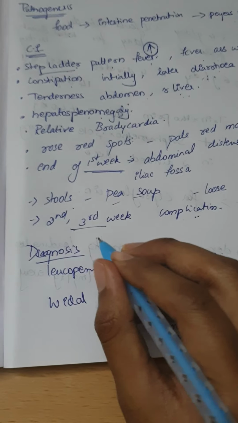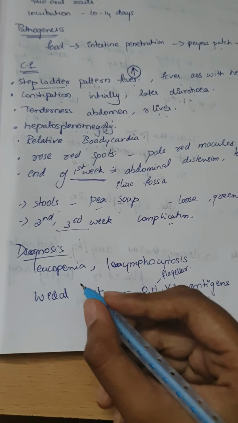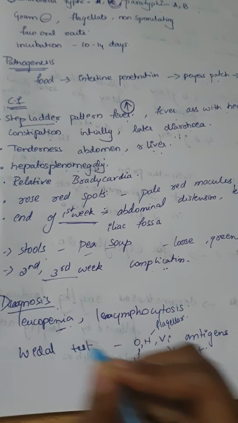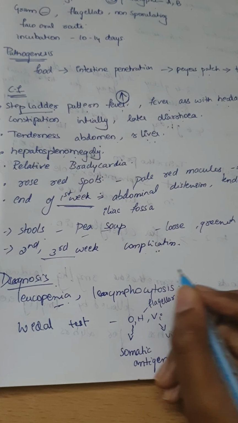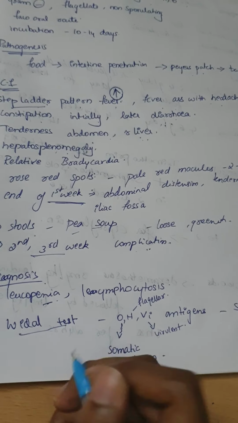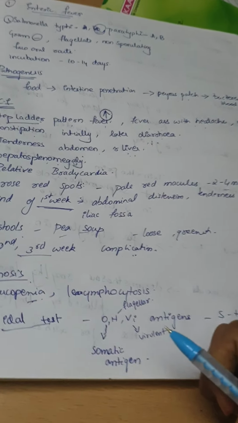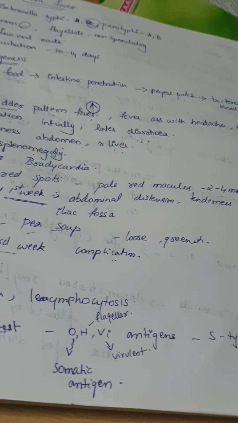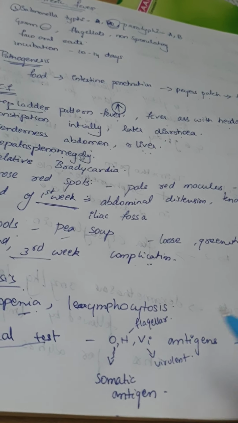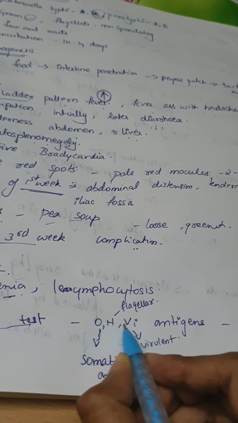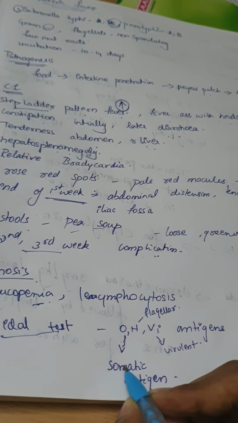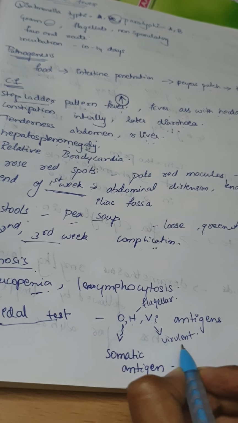Now going to the diagnosis. The person will have leukopenia, a decrease in leukocyte count, and lymphocytosis, where the lymphocytes are increased. Another diagnostic test is the Widal test. Why do we do the Widal test? The major aim is to find the antibodies in our body. Salmonella has three antigens, O, H and V. O is a somatic antigen, H is a flagellar antigen, and V is a virulent antigen.